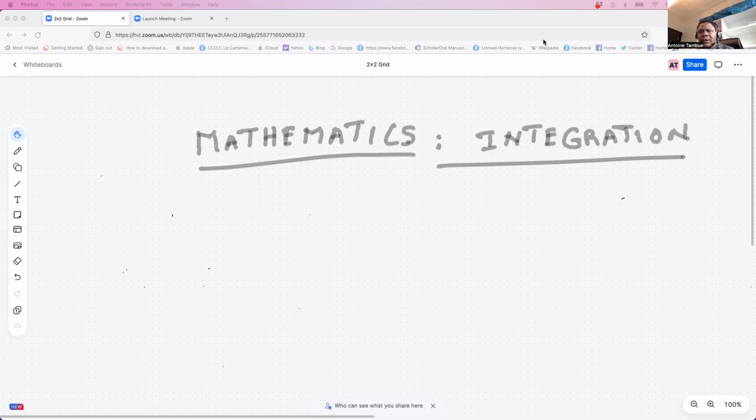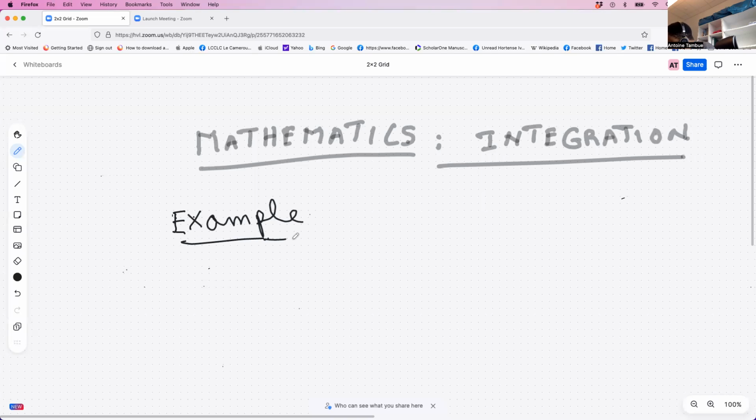Let me try to illustrate my teaching process using this simple tutorial in mathematics, on the topic precisely called derivation. Let me provide this simple example, because we are doing a tutorial.